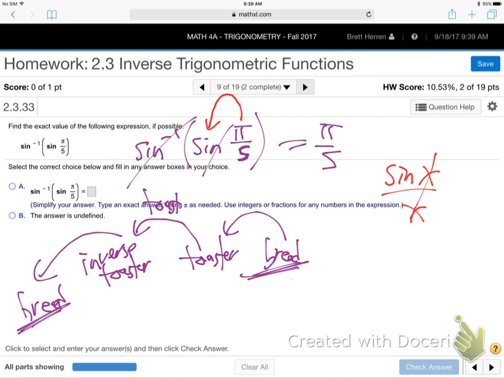Students that cancel the x's are missing it completely. But I know that's common. You think we can just cancel those x's? The ball game is going right past you if you're doing that. I don't mean to be sarcastic about that, but the truth is it is, because you're not realizing that x is being plugged into a function. That x is plugged into a toaster. That x is not loose and free.